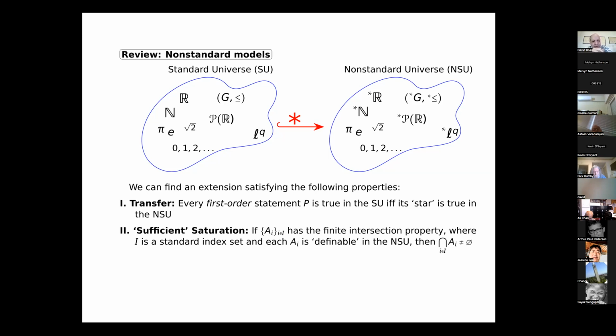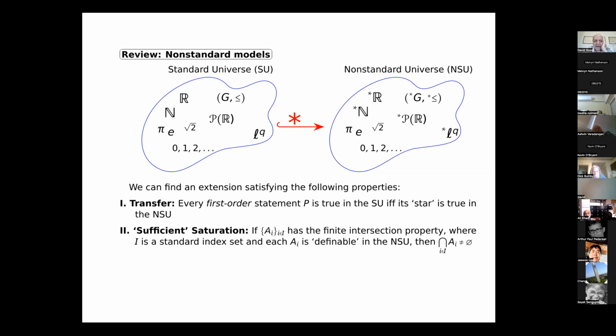And then there's a notion of saturation. And there's lots of things that you could put here. I'm just going to do what Keith Stroyan called polysaturation. It's sort of a joke. But if you've got a collection of elements in the non-standard universe, which are not necessarily stars of things, but they might be definable by stars of things, the term that people in non-standard analysis use for that is internal sets.